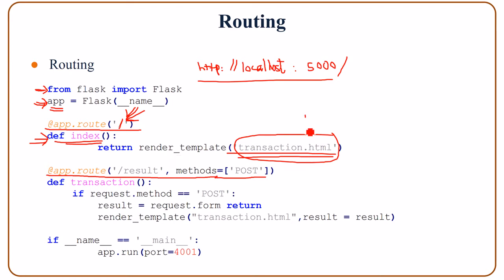Now, in this web page, you have a form with several HTML elements, such as the text box or the input. You can enter who the money is from, and another input for who the money is to, and another text box for the amount of the money, and a button for submitting the form.